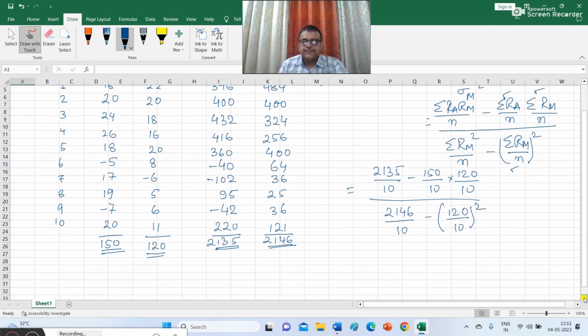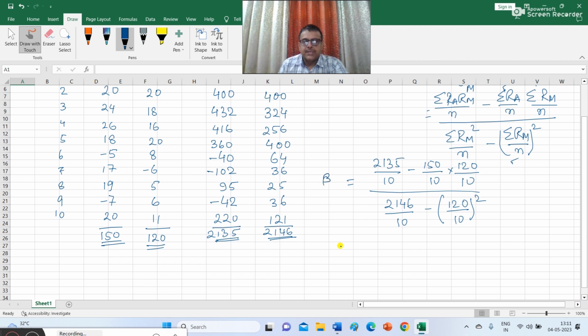So you will get the value of beta as 213.5 minus 180 by 214.6 minus 144. So 33.50 divided by 70.60, and the value of beta is 0.4745. So this is part A.